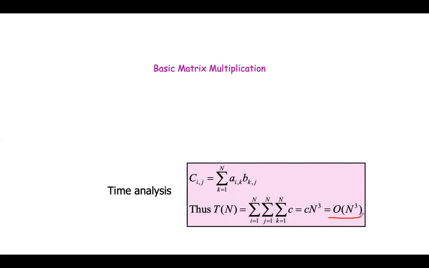Is it clear? 3 for loops will be there. You should recollect the program. So whatever new method or new algorithm you devise, it should be better than big O of n cube.